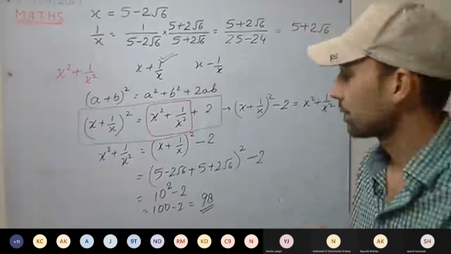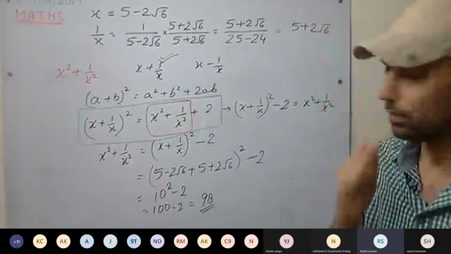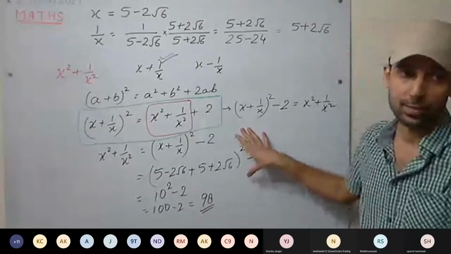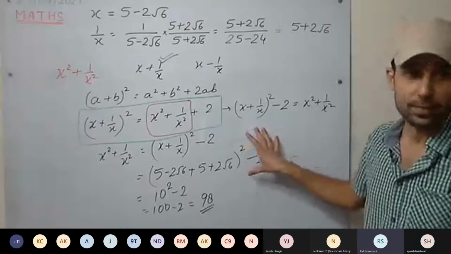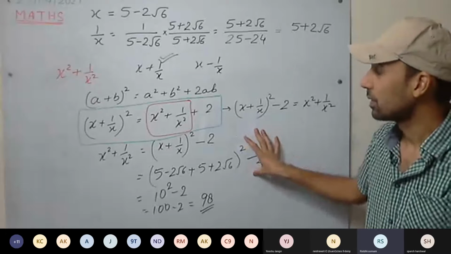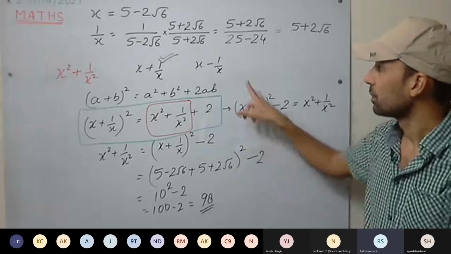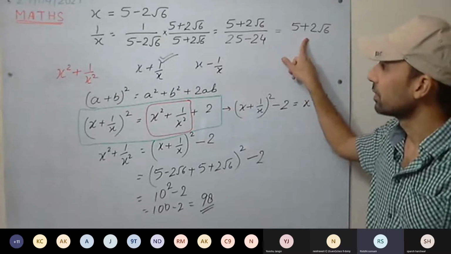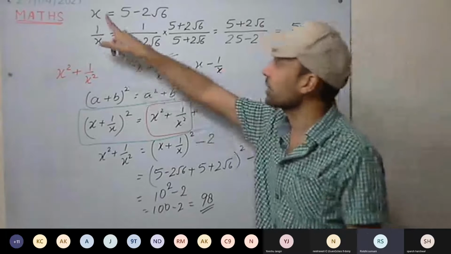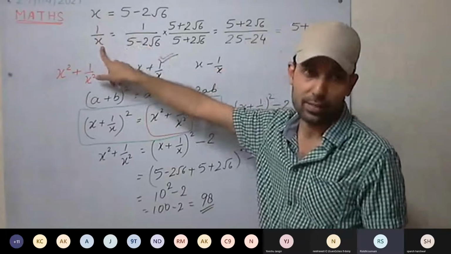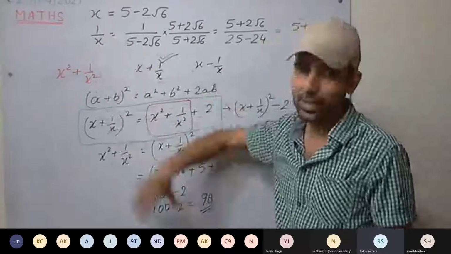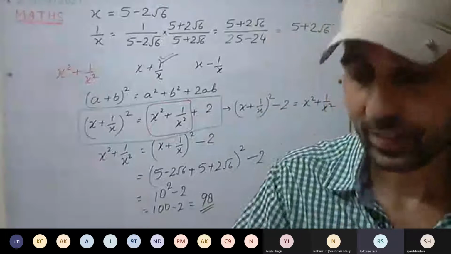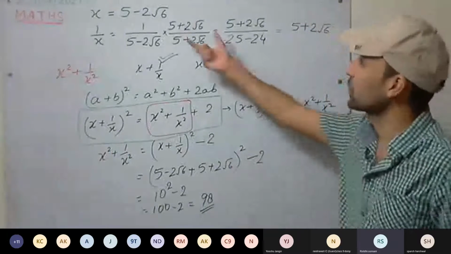Sir, can we do the same question with some other method? Yes, you can solve. My method was, we got the value of 1 upon x, that is 5 plus 2 root 6, and we get its square. So you are doing x square and 1 upon x square. That will be very lengthy. No, sir, not so lengthy. I got the answer very easily.